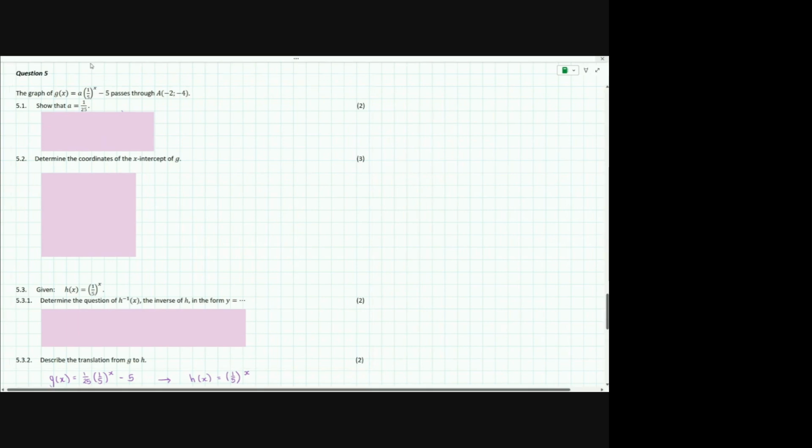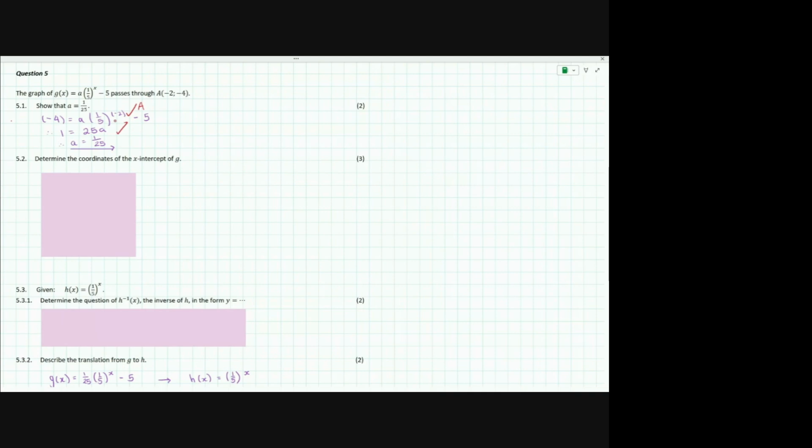Right, so as I go along, obviously, I'll do mark allocations. So first one, you're going to substitute in the coordinate that you have, so that A equals -2, -4. So you're going to get a mark for subbing in A, and then you're going to essentially get a mark for your simplification.